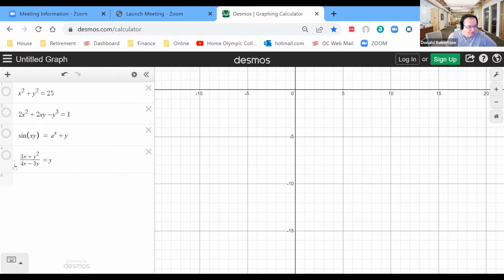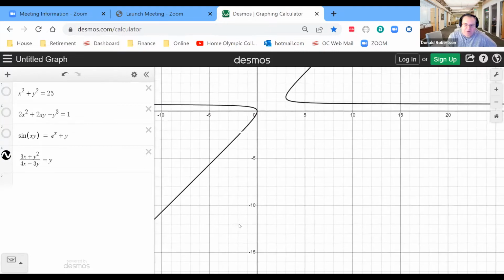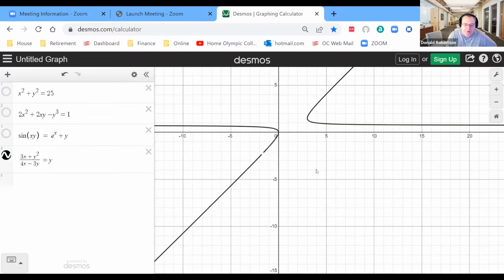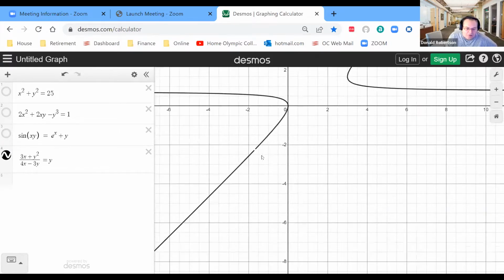And here's one that looks like a fraction. And go. And it's actually not that bad. Although, it looks like it's got a little hole. Can you see it, a little break? And that must happen when that part is 0. So if you're looking for that, there's probably some places where that happens, and that's what is caused by that.